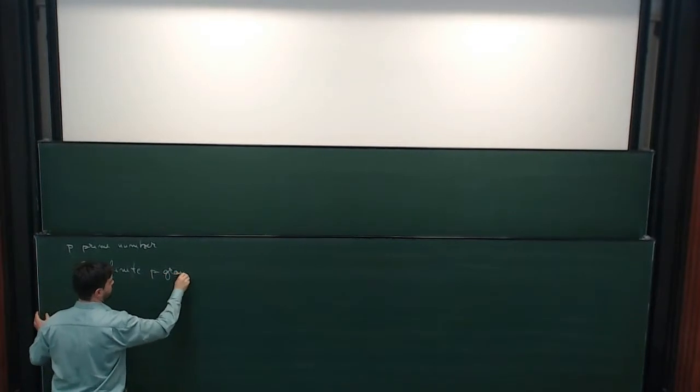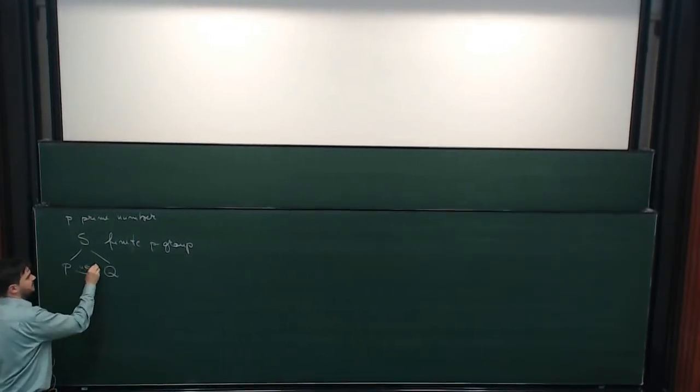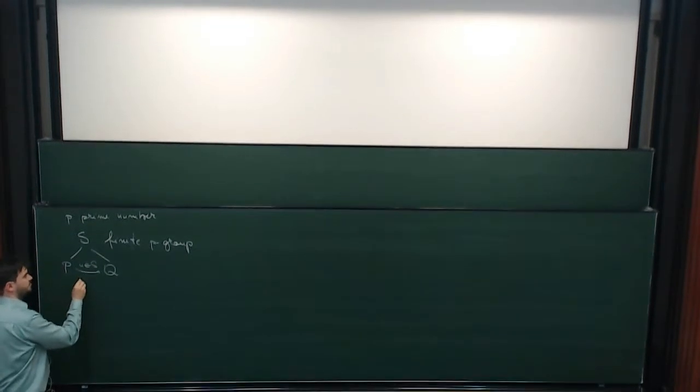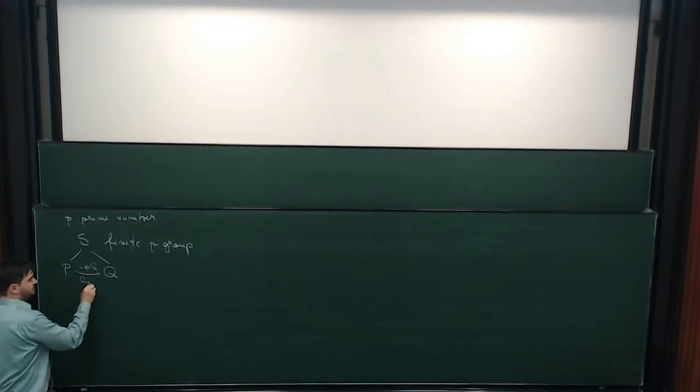So I'll start with: let P be a prime number, and S a finite p-group, having two subgroups, P and Q. And let's take an element in S giving a conjugation from P to Q.